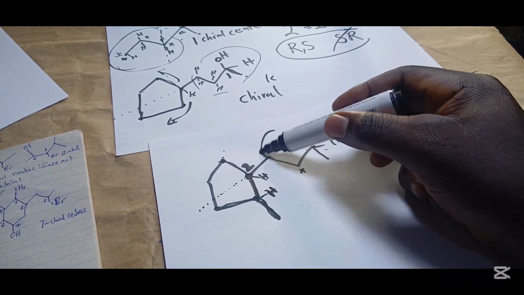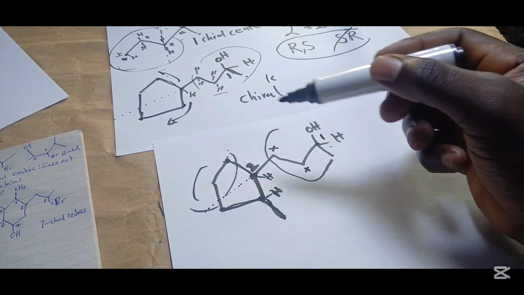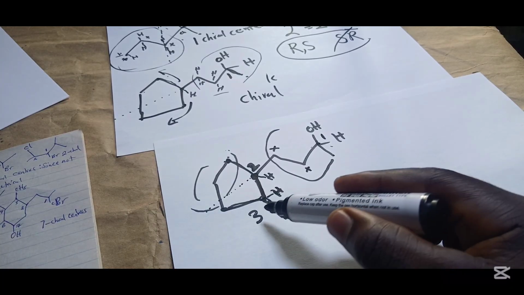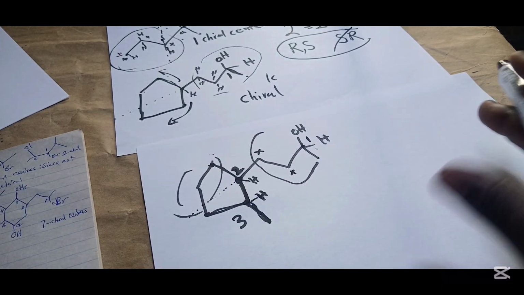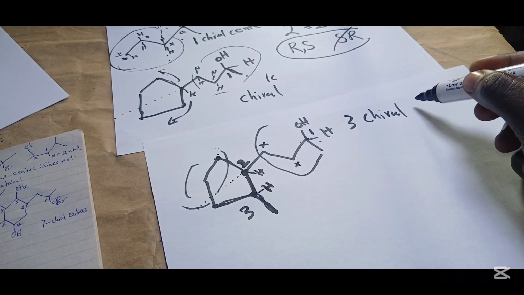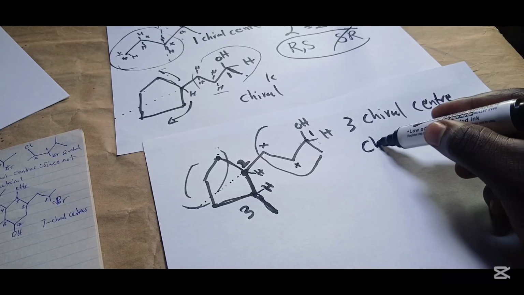This substituent here is different from this substituent, making this carbon atom a chiral carbon. So chiral carbon number 3. So in all, this molecule has 3 chiral centers, and the molecule is chiral.